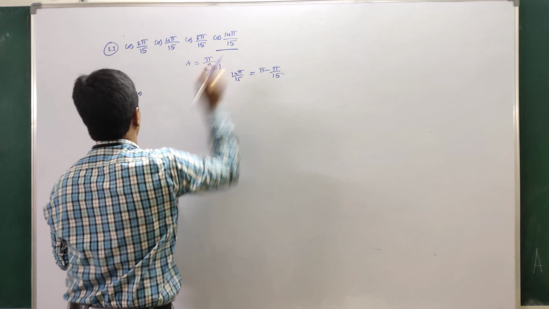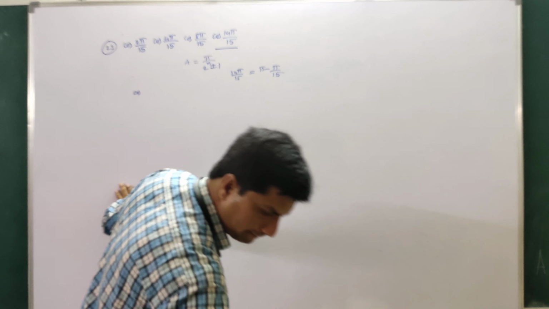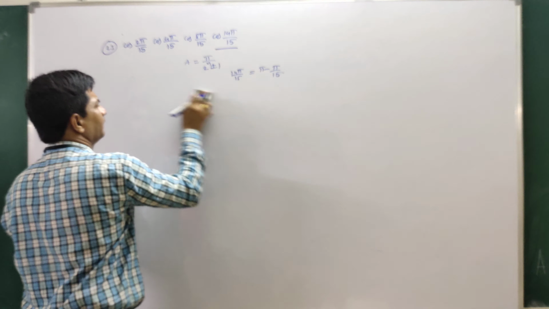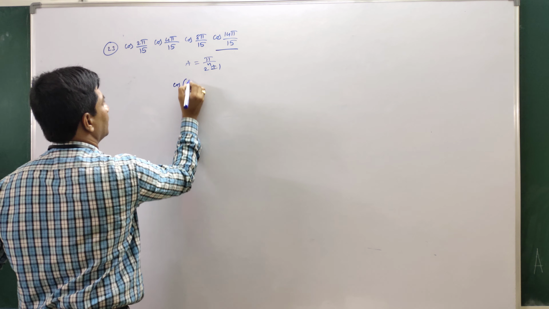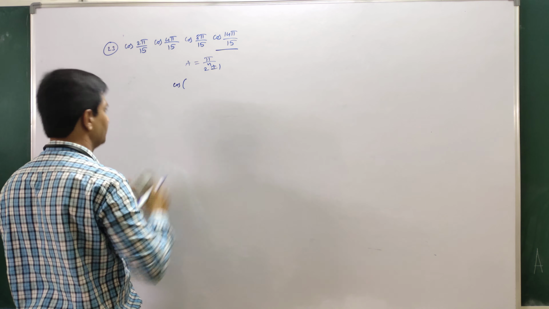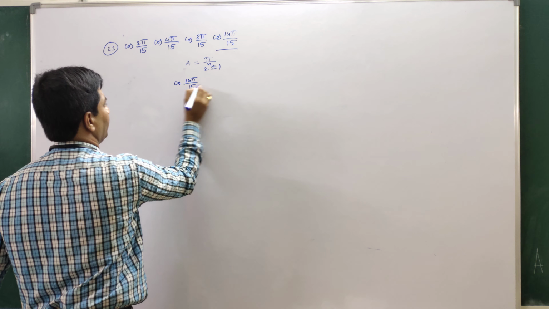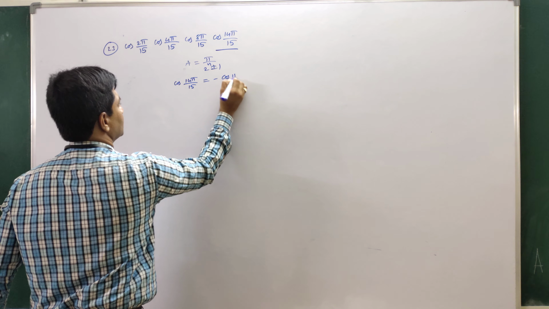So what is this value? Cos of pi minus pi by 15 is equal to minus cos pi by 15.